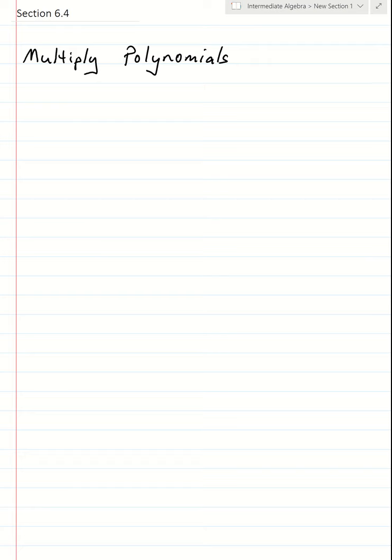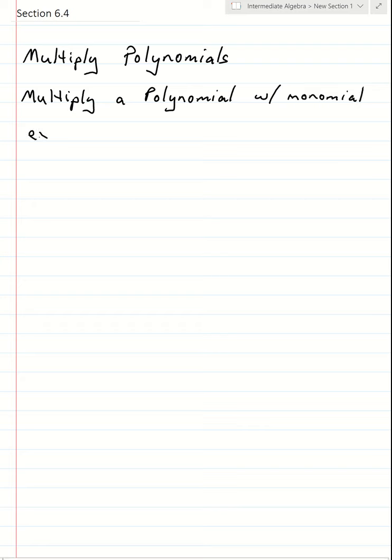Well, the first thing that we're going to do is multiply a polynomial with what we call a monomial. Okay, for example, if we have 5 times (3x squared minus 7x plus 1), here we are multiplying the polynomial, what's inside the parenthesis, with the monomial, the number 5.